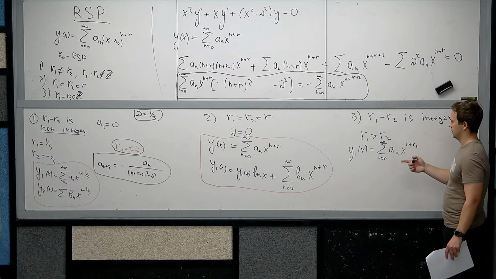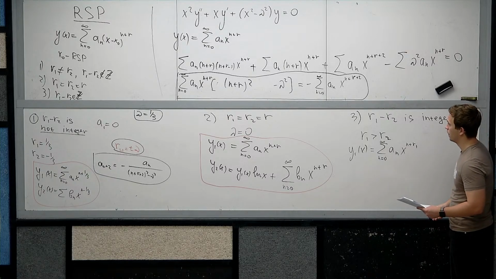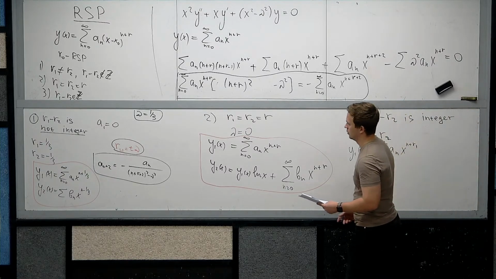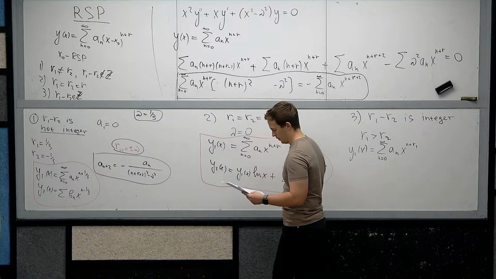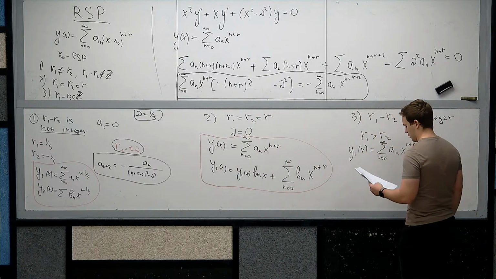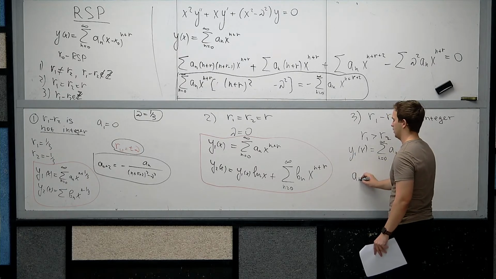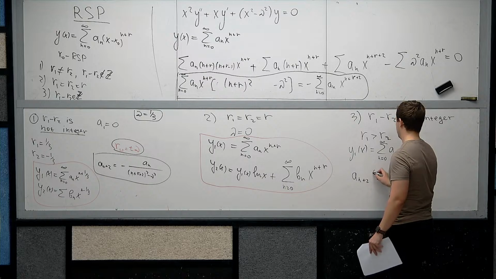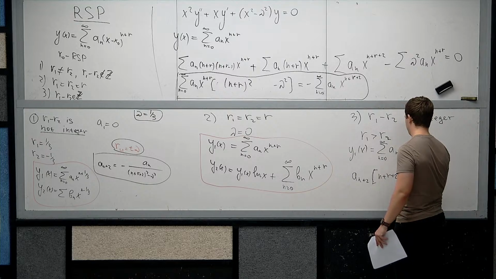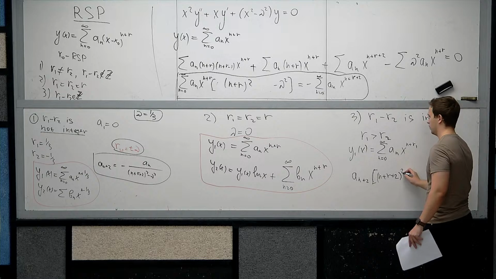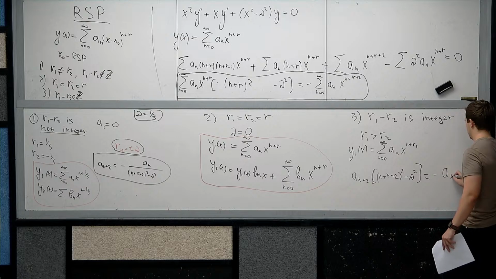Then let's discuss the second solution. Let me go back to this recursion relation. Let's rewrite it in this way: a(n+2) multiplied by (n plus r plus 2) squared minus mu squared equals minus a(n).